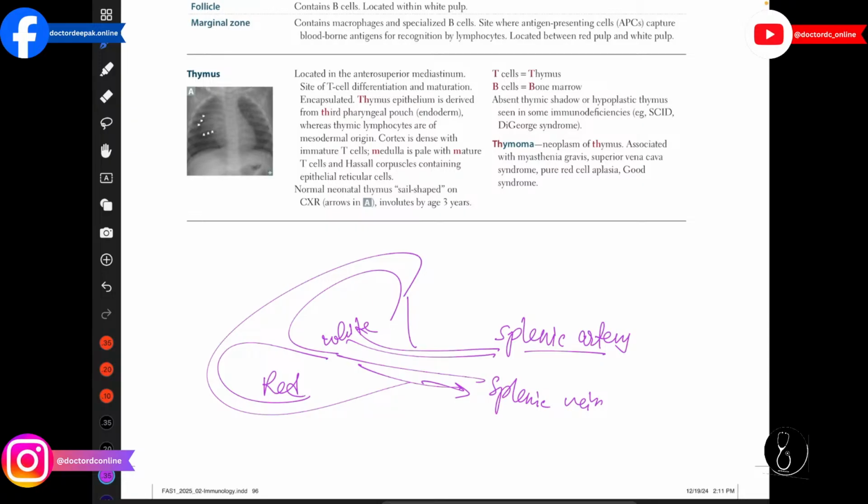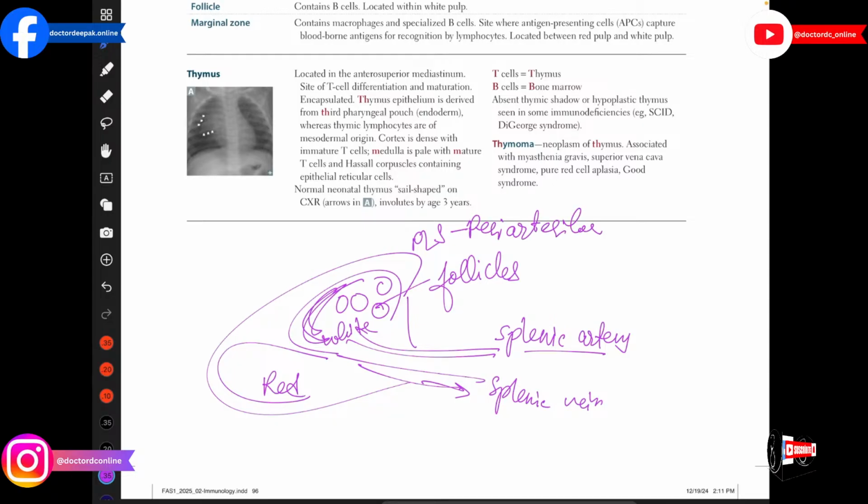These pulps further have their own important structures. The white pulp has three important structures. First is the follicles. Second is the PALS, the periarterial lymphatic sheath, and on the margin there is one area called the marginal zone.